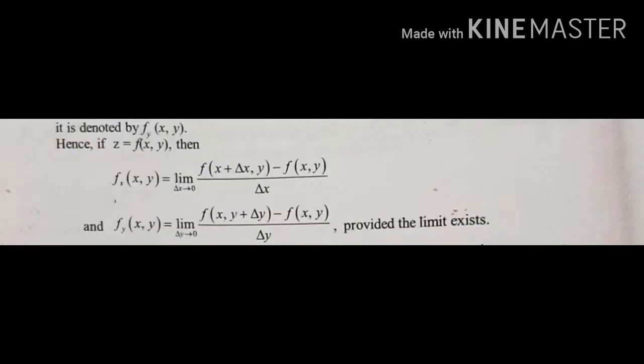Hence, if z is a function of x, y, that is, z = f(x, y), then fx(x, y) is equal to the limit as delta x tends to 0 of [f(x + delta x, y) − f(x, y)] divided by delta x, and fy(x, y) is equal to the limit as delta y tends to 0 of [f(x, y + delta y) − f(x, y)] divided by delta y, provided the limits exist.